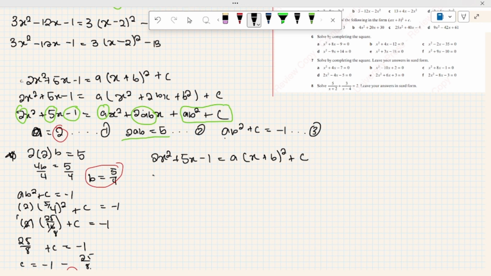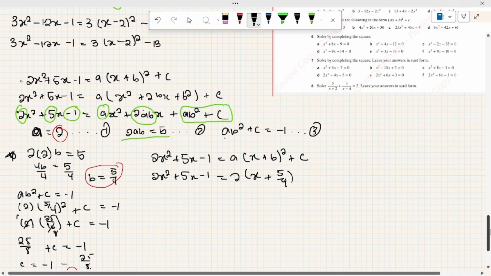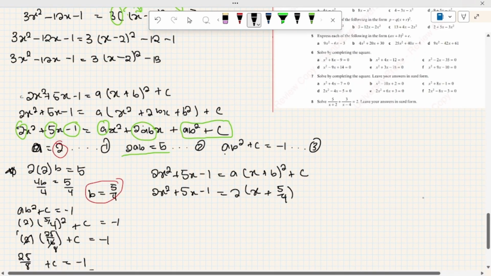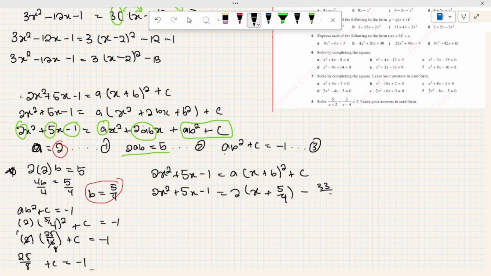Now let's put everything back. 2x squared plus 5x minus 1 is equal to the value of a we got, 2, times (x plus the value of b, which is 5 over 4) squared, and the value of c is minus 33 over 8.